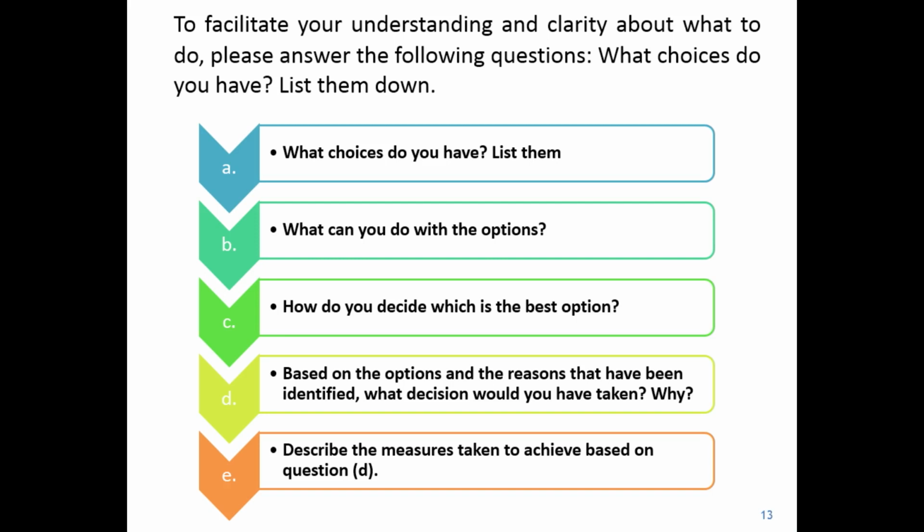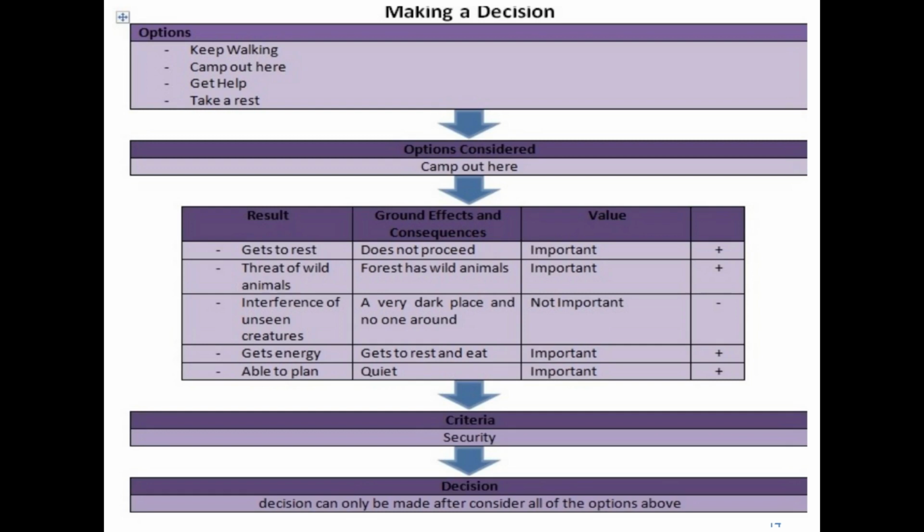Okay, we're going to the next slide. It's making a decision. You can see this is the paradigm, a table that shows step by step what you need to do to solve any problem. First, the options.